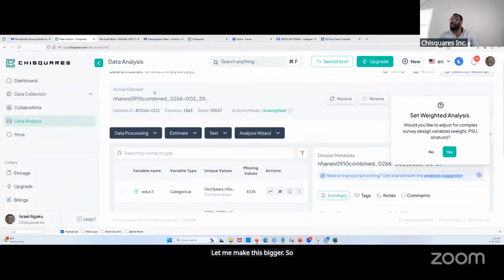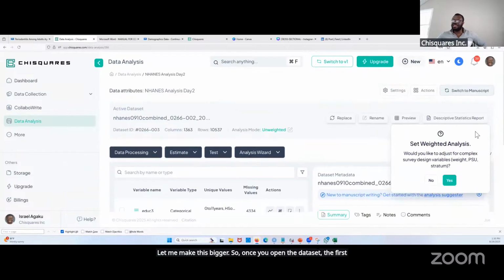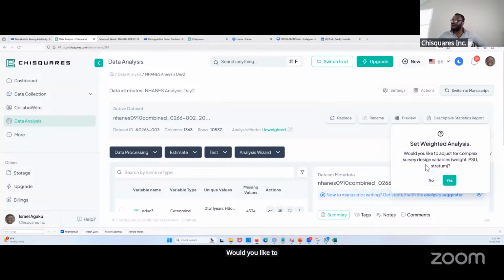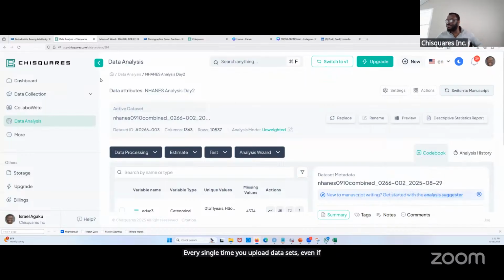Once you open the data set, the first thing you're going to see on the platform is it's going to ask you, would you like to adjust for complex survey design variables: weight, PSU, stratum? You can say yes, you can say no.